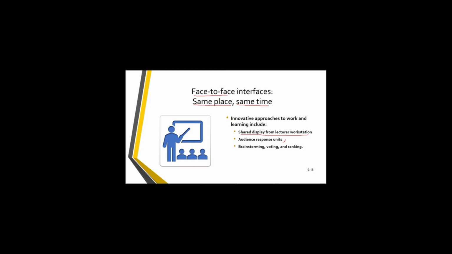But as ownership of smartphones has increased among the students or audience, and the quality of the internet has improved, the way this system can be used has changed, moving away from multiple choice questions towards the audience being able to respond with words and even photos or drawings created on their devices and sent to the presenter. Additionally, innovative approaches are also used during brainstorming, voting, and ranking in each communication session.